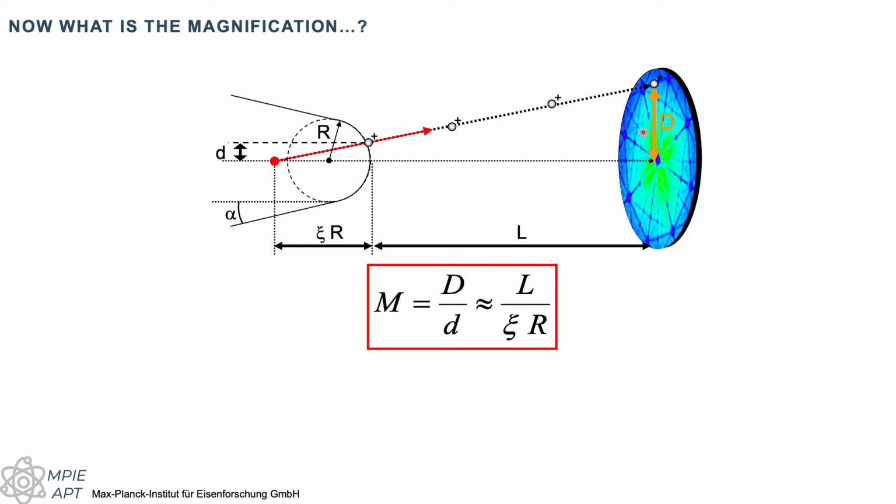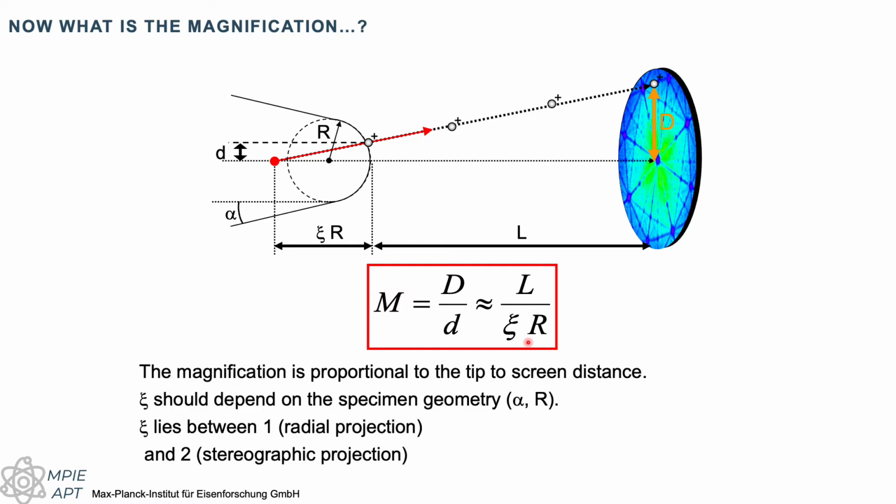And the projection is magnified by a factor m, which is basically the flight distance divided by this image compression factor times the radius. This is very simple geometry. And we can typically use ICFs between 1 and 2, typically 1.5 to 1.7. And this would be very dependent on the specimen. I'll get back to this at a later stage.